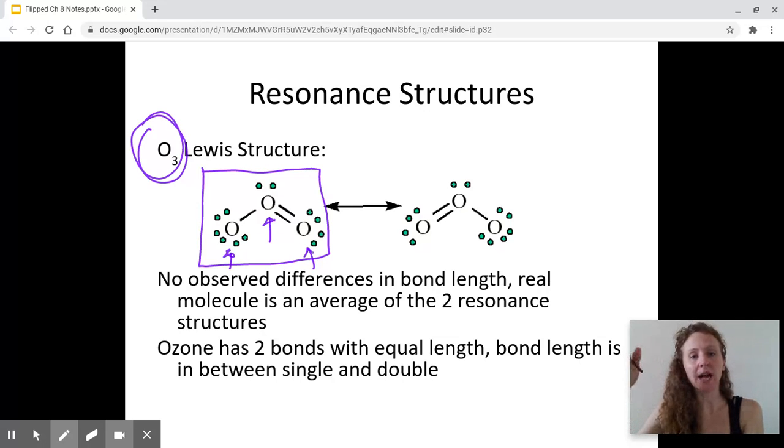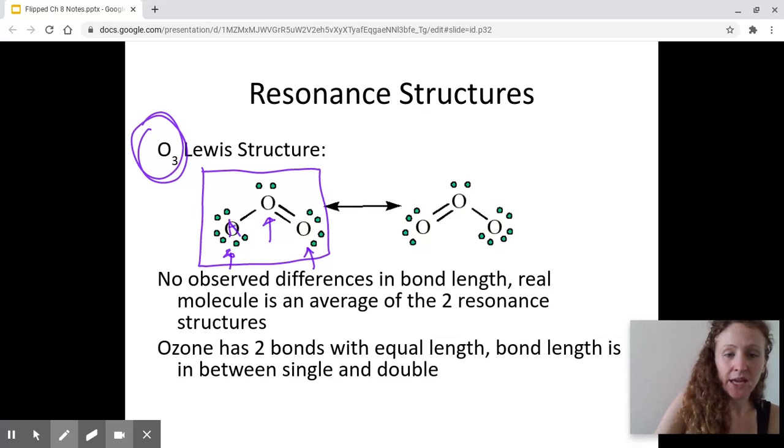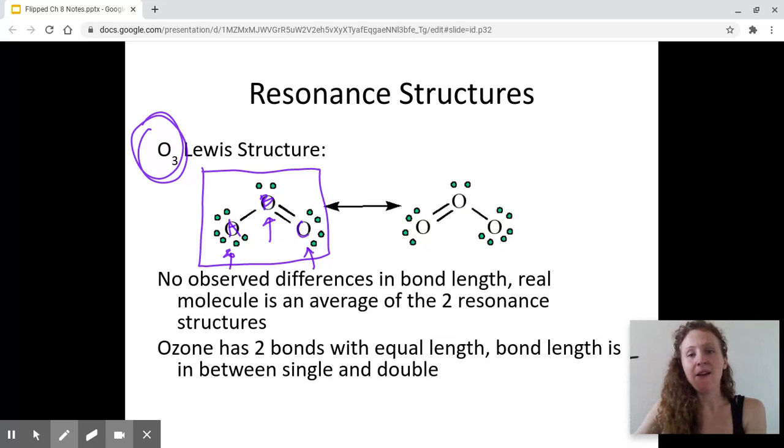So all 3 oxygens in this molecule are actually different oxygens, right? We can label them A, B, and C, oxygen A, oxygen B, oxygen C, and they're going to show up differently in the model according to the Lewis structure that we've drawn.